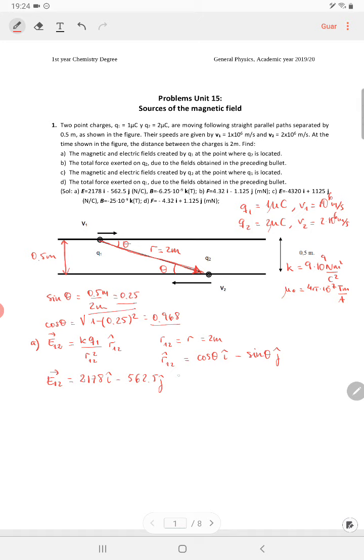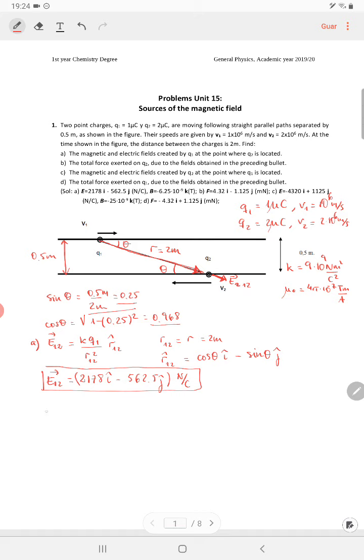This is Newton divided by Coulomb or volts per meter, as you prefer. And in the drawing, this electric field has this direction. This is one, 2.